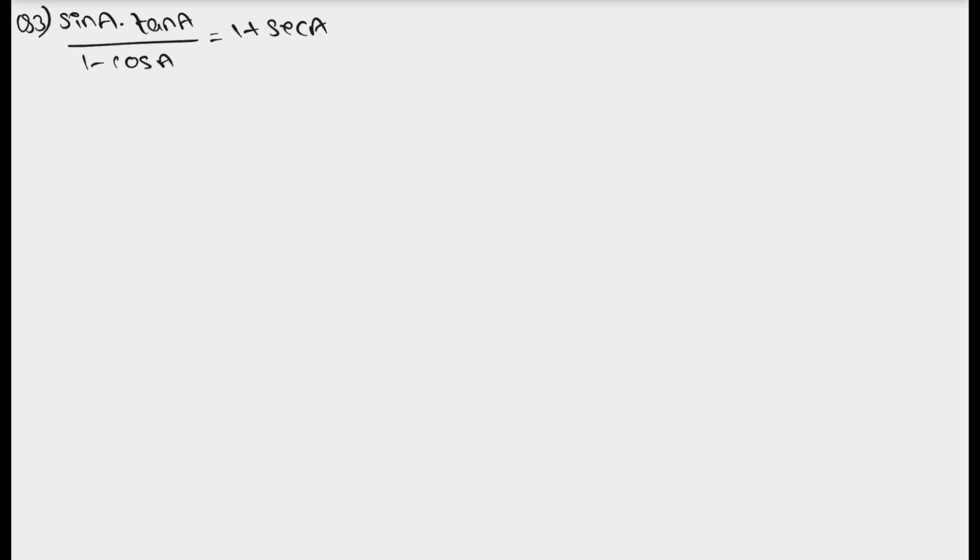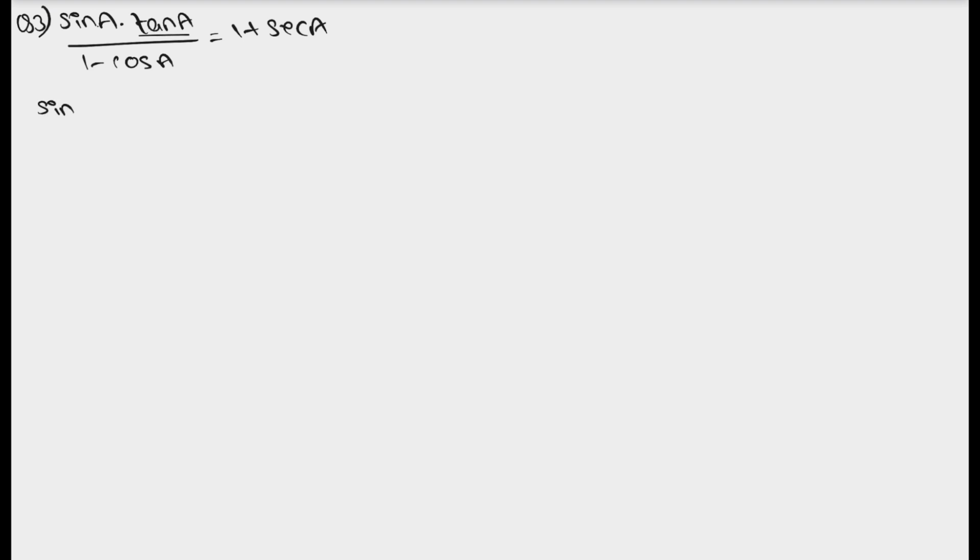So next we have question number 3. Whenever you are having any kind of question, first try to simplify it as much as possible. Don't try to expand it. So here we have sine and cos. Let's convert this tan into sine and cos.